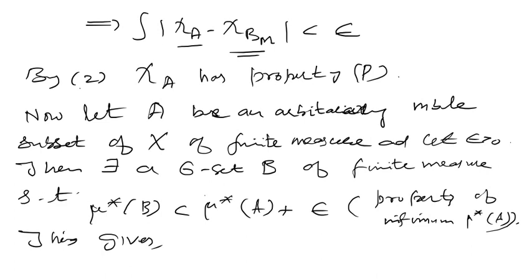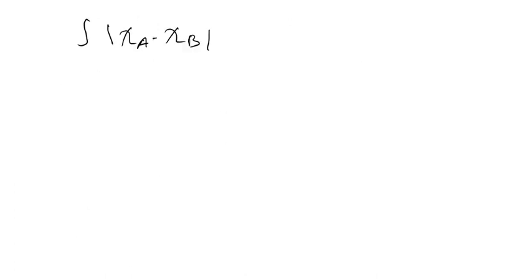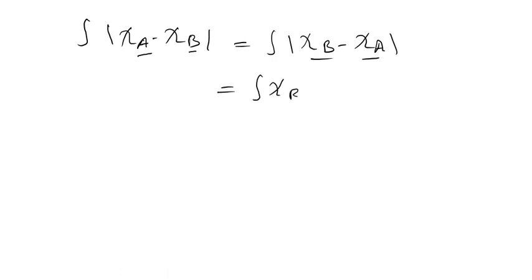So A is a subset of B. So what's chi A minus chi B? Since A is a subset of B, chi A is less than or equal to chi B, so let's write this as mod of chi B minus chi A. Now chi B is greater than or equal to chi A.